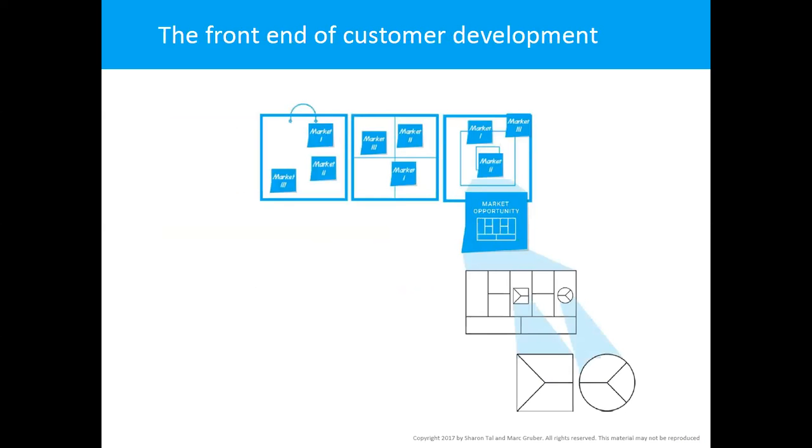Eventually, if we need to depict a clear process, we can say that the Market Opportunity Navigator is the front-end tool for customer development. You can use this tool to figure out first where to zoom in, and then use the other tools to figure out how to actually play.